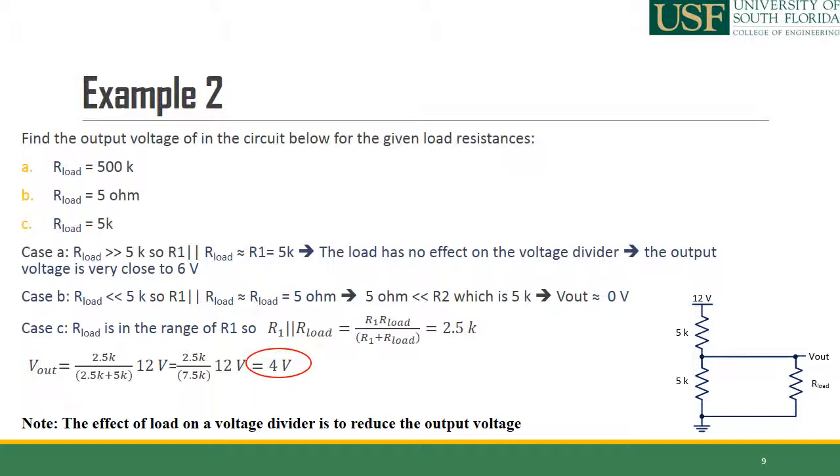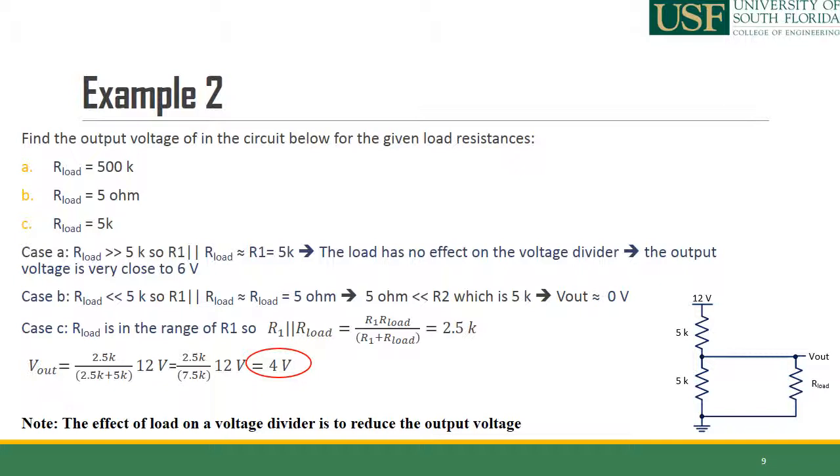But for case B, we saw that for a very small resistance, 5 ohm is a heavy load on the circuit, and it dominates the behavior of the circuit by bringing the voltage to almost zero.